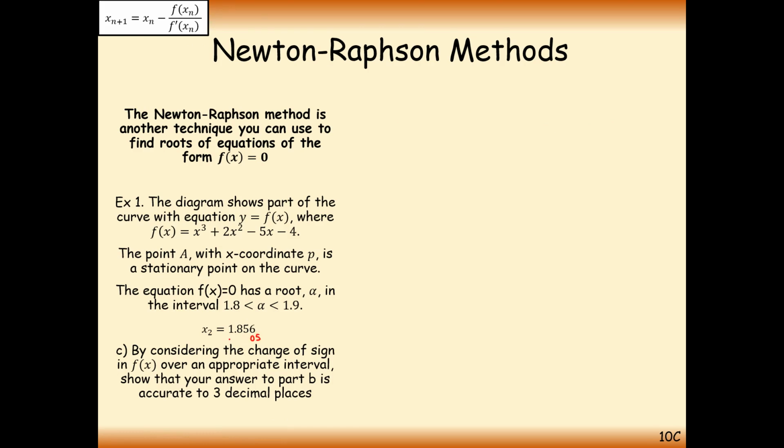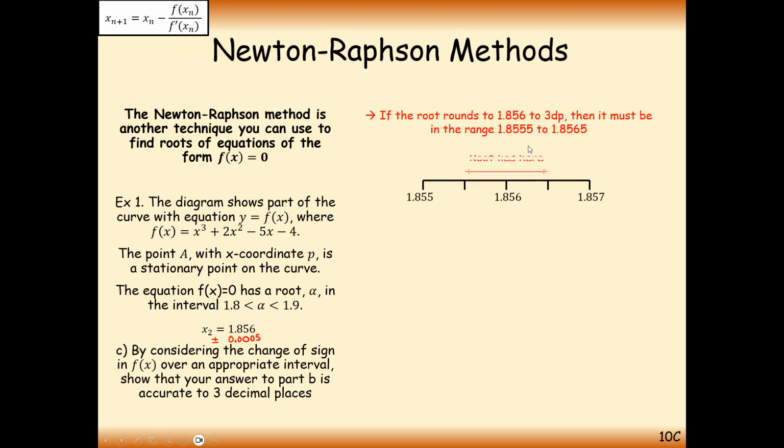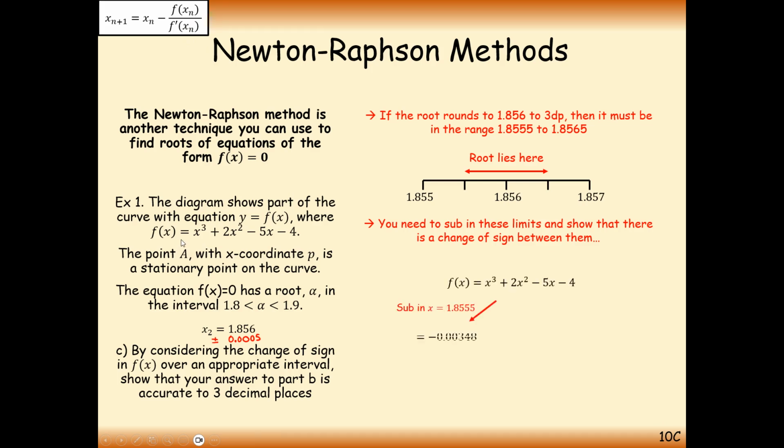It's best to add and subtract 0.0005 so that we'll have a number just above what's given as x2 and just below it. Substituting those values into the original f of x will give us these answers.